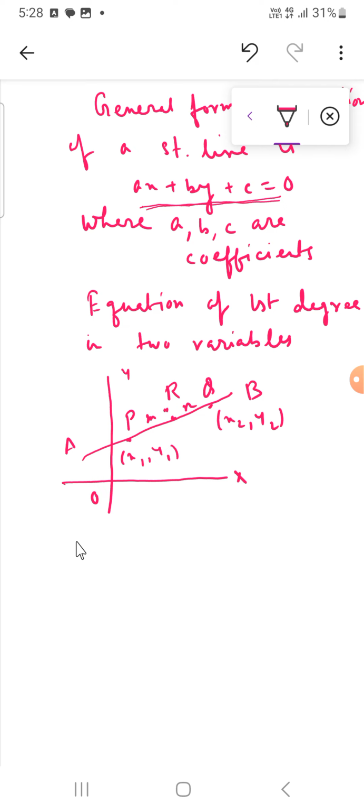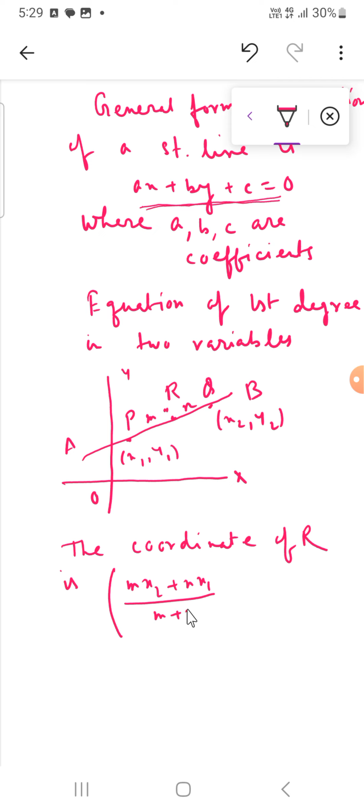Now the coordinates of R are ((mx2 plus nx1) by (m plus n), (my2 plus ny1) by (m plus n)).